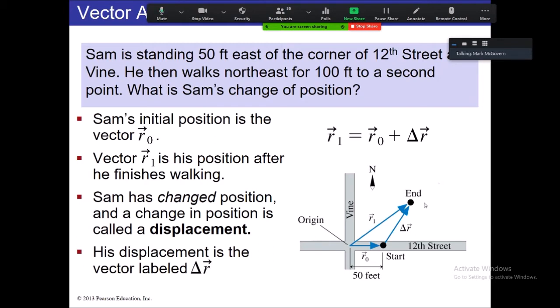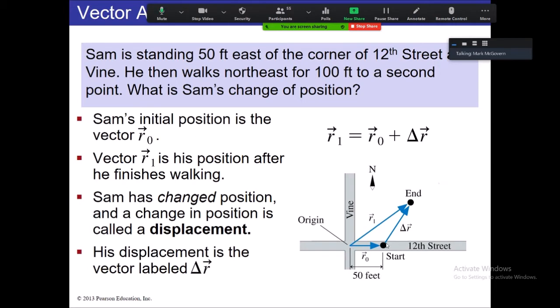So you see in the picture here, we have an intersection, 12th Street and Vine, wherever that is. And one person starts on 12th Street and then moves up to this endpoint, which is in the northeast corner, I guess. And both the start and end position have position vectors, R0 and R1. But that's based on the origin here.